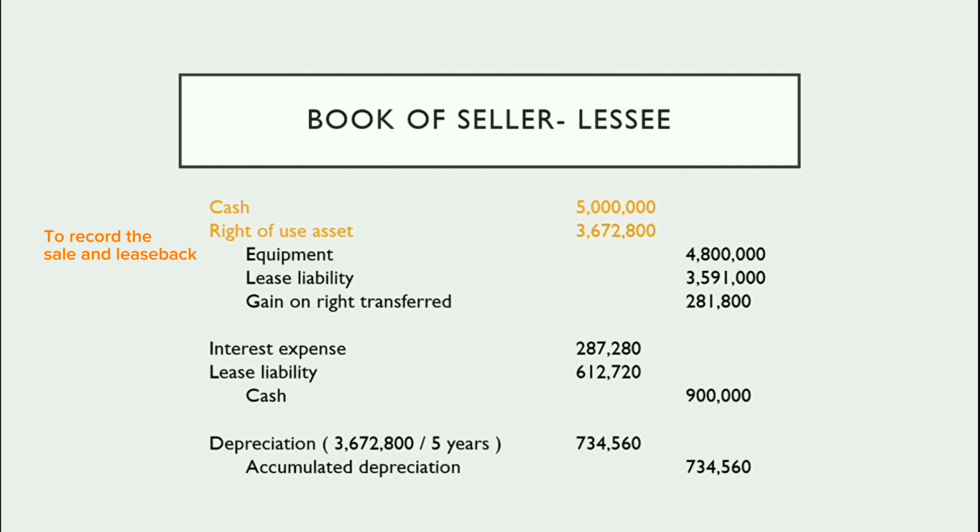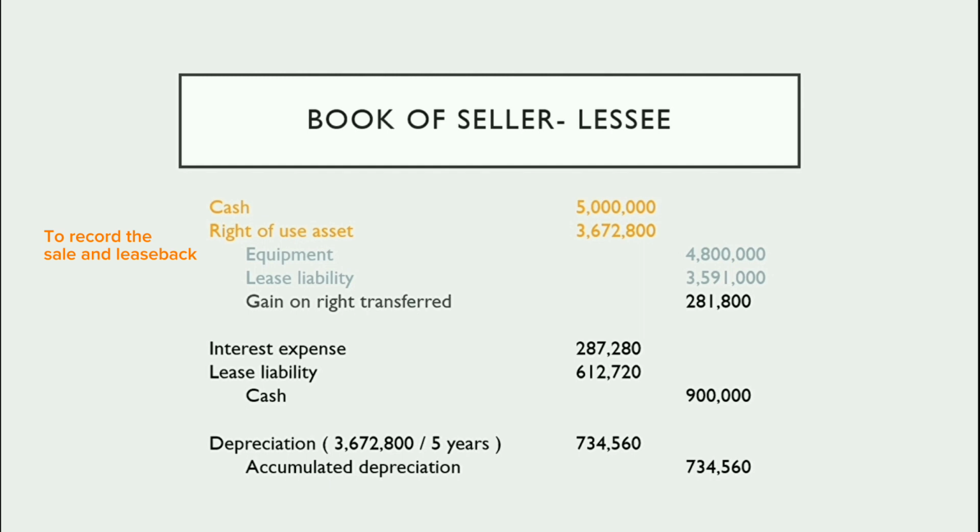Then we will credit equipment for 4,800,000. We also credit lease liability na 3,591,000. So, before ako mag-proceed sa gain on right transferred, yung cash natin dito, galing yan sa ating sale transaction and also the equipment. Ito namang right of use asset at ang lease liability, yan yung sa lease transaction. Yung lease liability natin, kung tandaan nyo, yan yung present value of rentals, yung sinolve natin kanina.